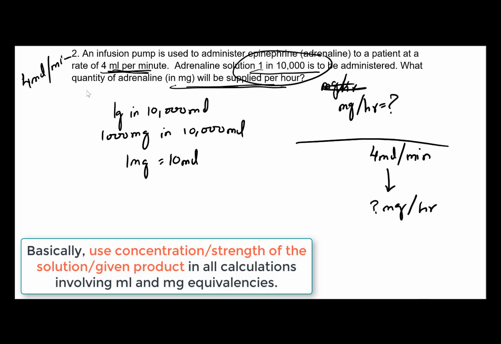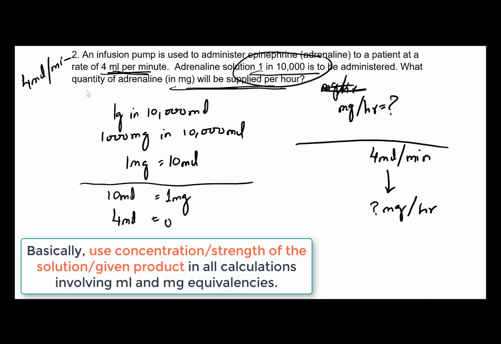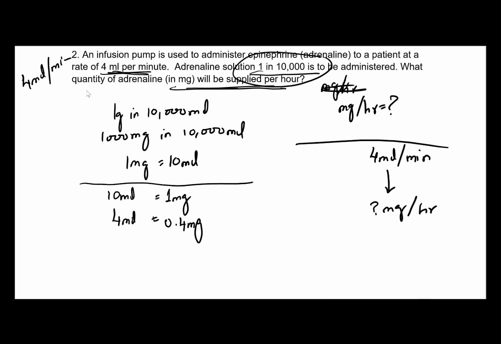Okay, so now I know that if 10 milliliters has 1 milligram, 4 milliliters will have how many milligrams? 0.4 milligrams. So 4 mils here basically now becomes 0.4 milligrams per minute.